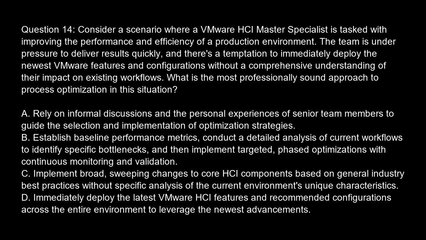Option C. Implement broad, sweeping changes to core HCI components based on general industry best practices without specific analysis of the current environment's unique characteristics. Option D. Immediately deploy the latest VMware HCI features and recommended configurations across the entire environment to leverage the newest advancements.